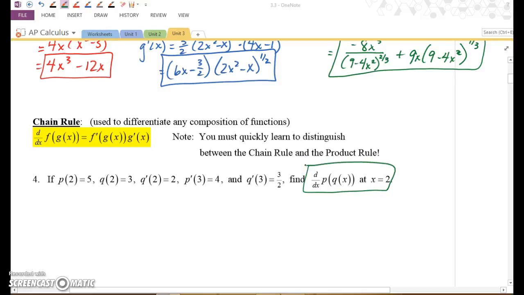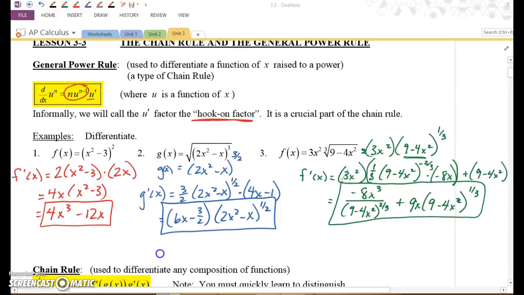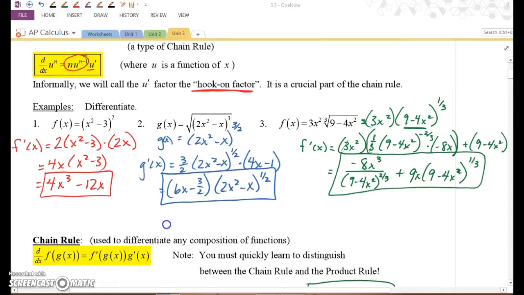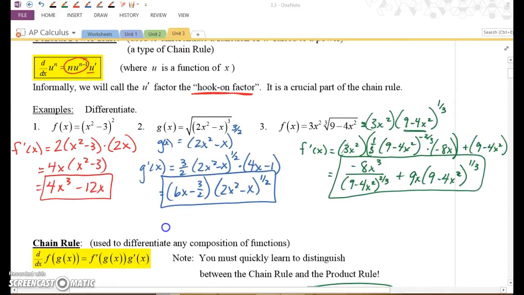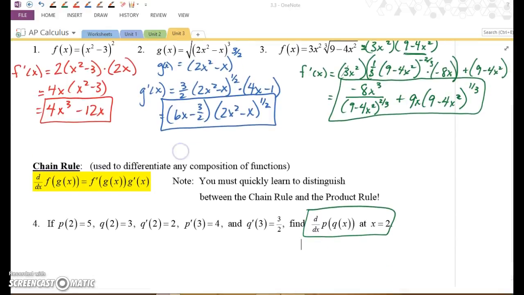To do that, I'm going to start by writing what the definition is. It really is exactly the same as the one before, the general power rule; it just is written in terms of f of x and g of x. Up above we had a u, which is our g of x down below. So those are really the same.